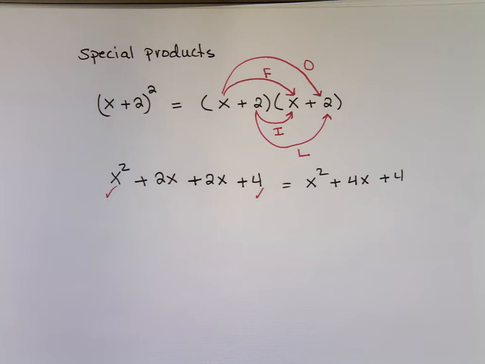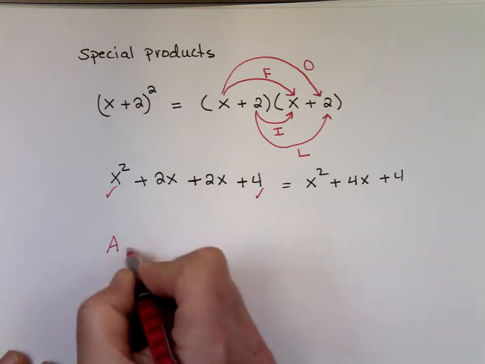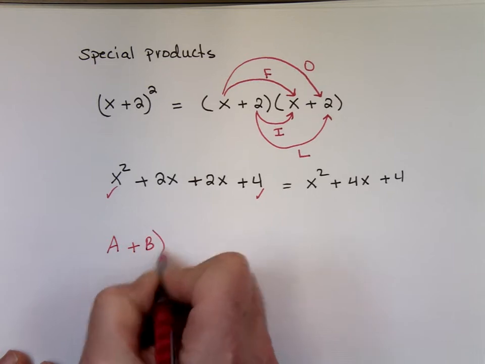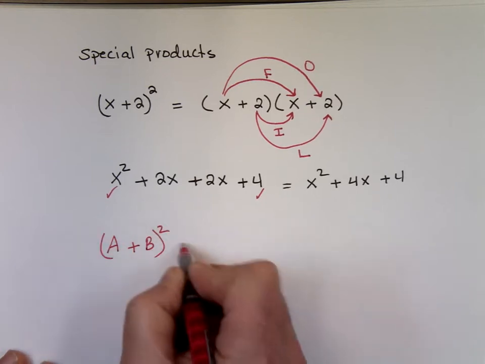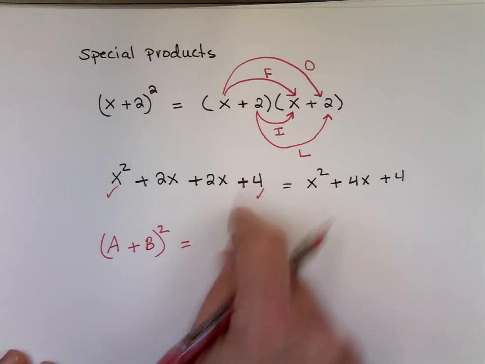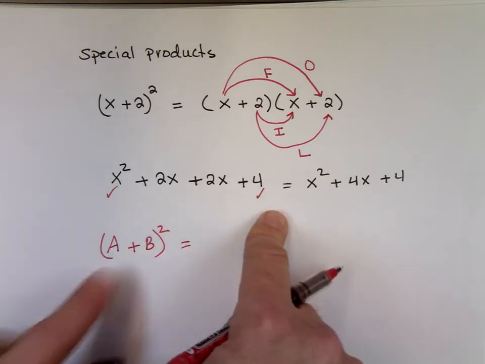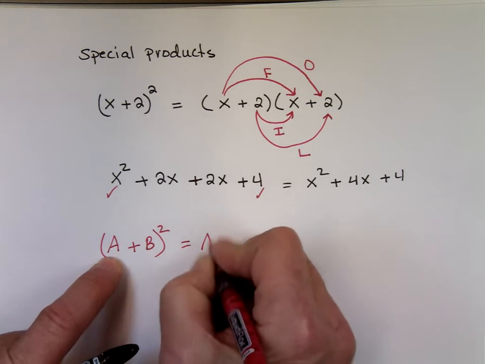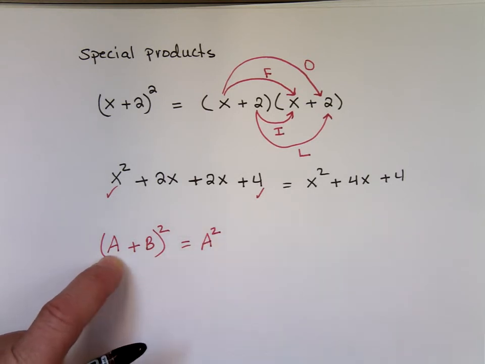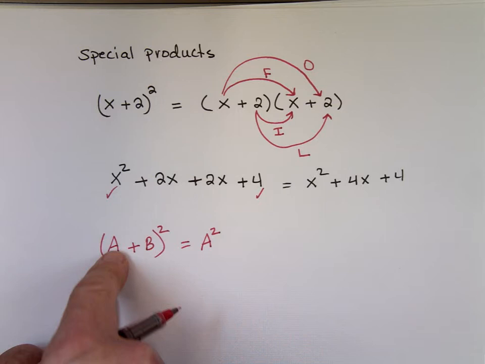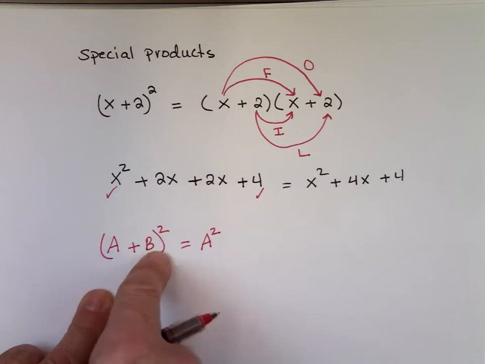So the rule I'm trying to bring to you here, if you want to do this one, a plus b squared. If you don't want to multiply them using the FOIL method, just looking at that answer, it says square the first one, multiply these two together. What's a times b?